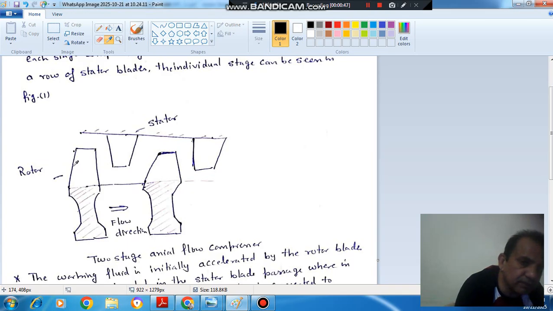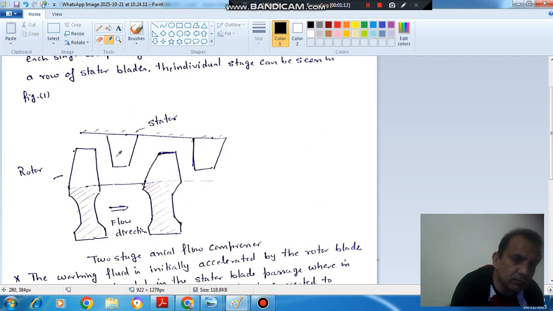It also increases the static pressure of the air. So the rotor blade imparts energy in the form of kinetic energy as well as pressure energy. But in the stator part, no energy is imparted. Only the kinetic energy imparted in the rotor blade is changed to pressure energy.